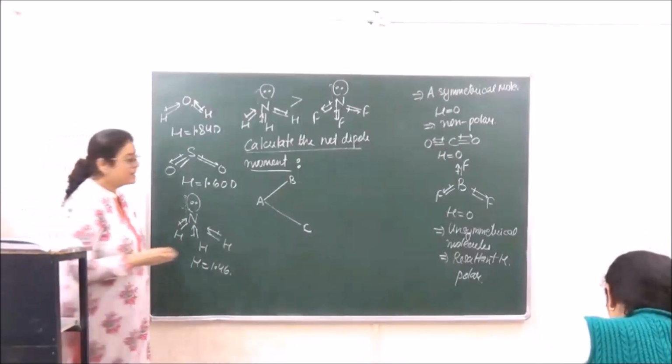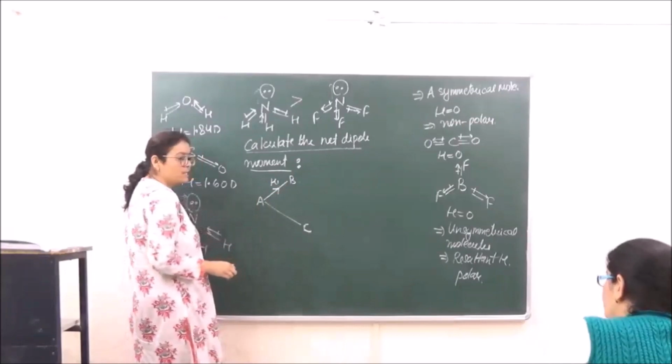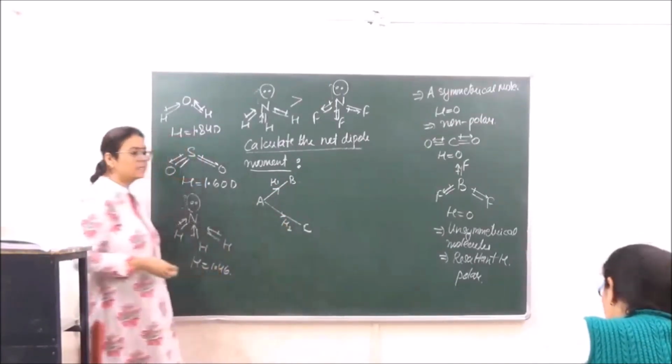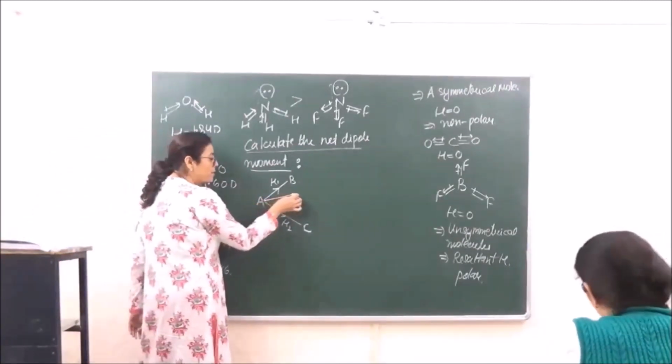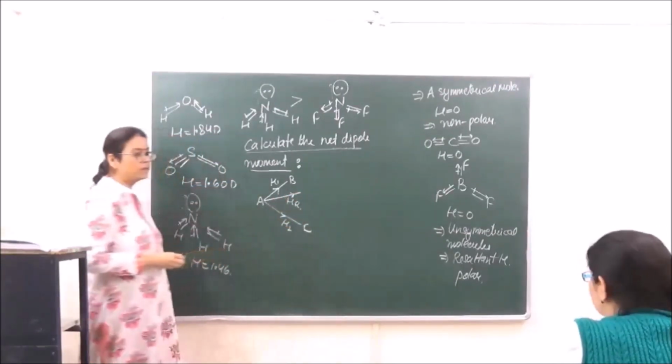Over here, let's say that the dipole moment of this is equal to mu1. The dipole moment of this is equal to mu2, and the resultant dipole moment we can draw like this. So this is the resultant dipole moment.